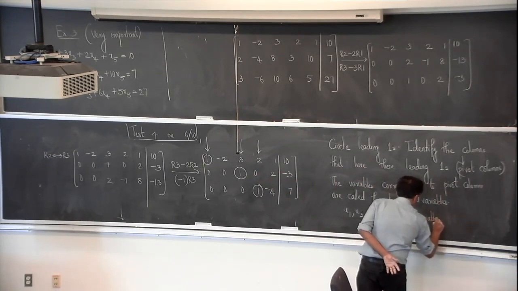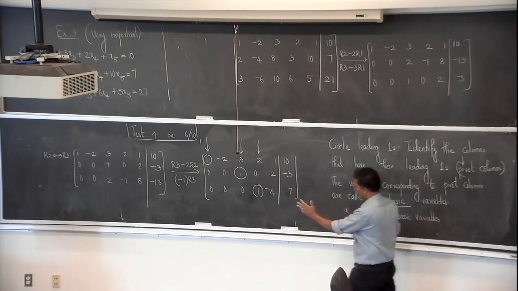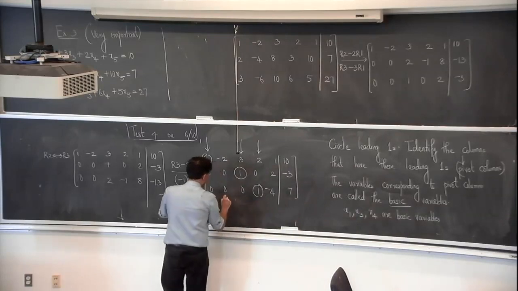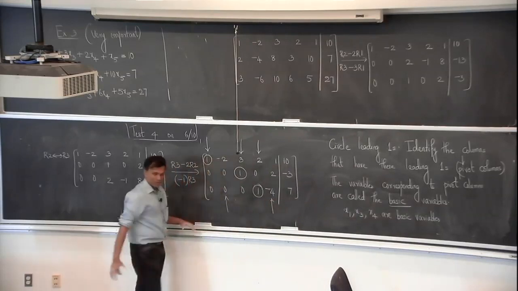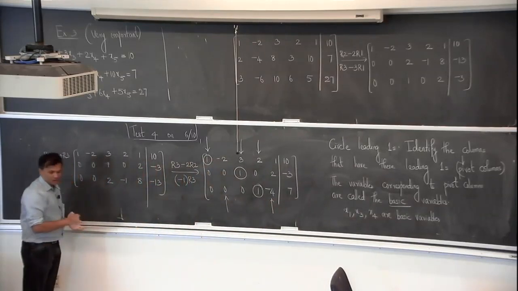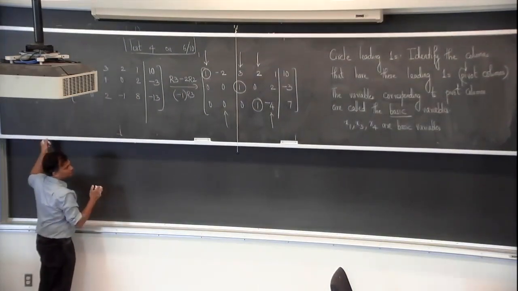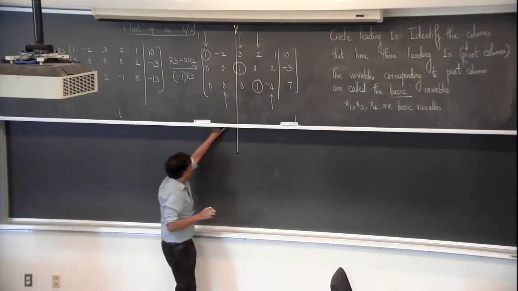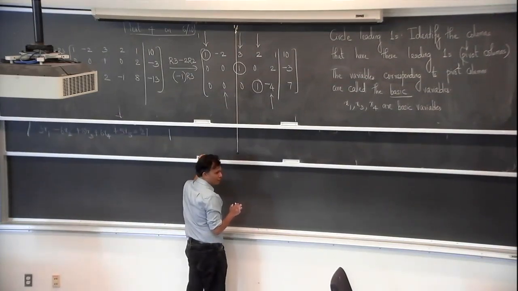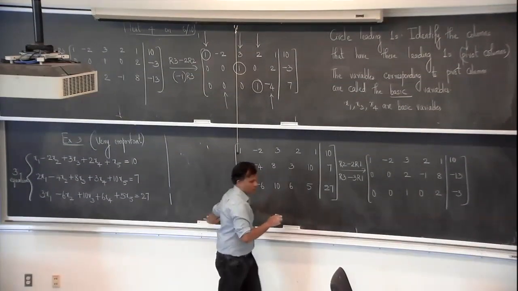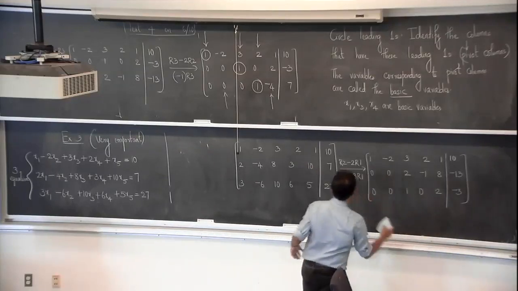So there are two other variables here, x2 and x5, which do not carry the leading ones, or the non-pivot columns. Those are called the free variables. So x2 and x5 are free. Free as in free ice cream.